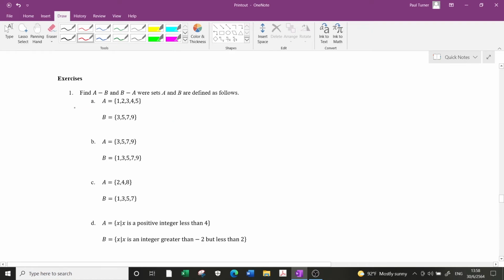There's a few exercises to do related to this topic. So we've got set A minus the elements in set B. So you've got 1, 2, 3, 4, 5. We have 3 and 5. For A minus B, you will be left with 1, 2, and 4.